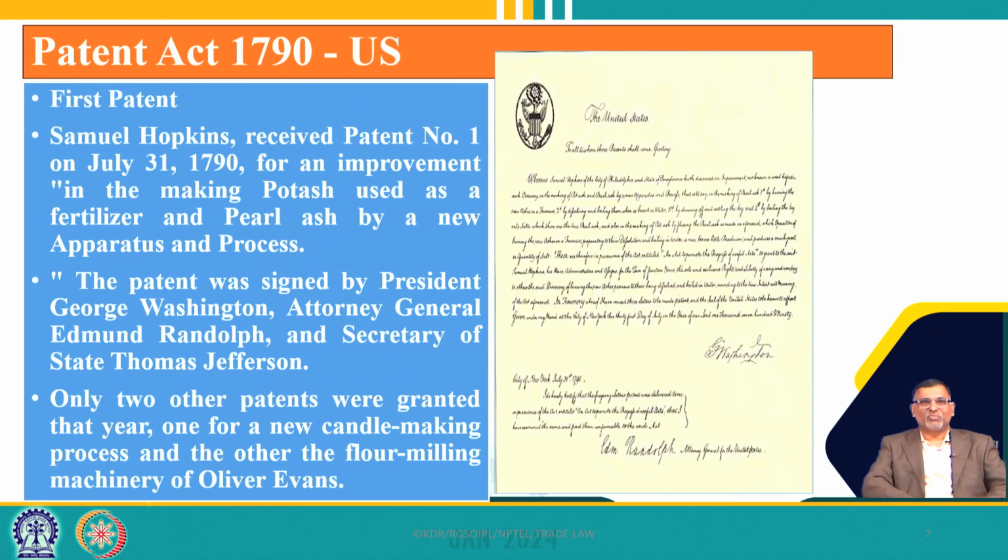It is signed by all these people, and only 2 other patents were granted in that particular year. What I want to say is that the granting of patents is not new. It is a process which started in England and then went to the US and other countries.